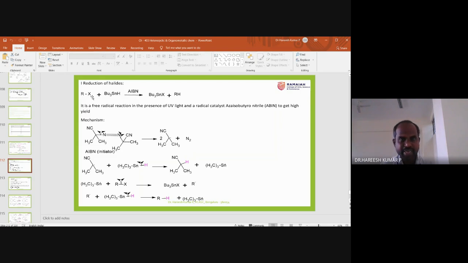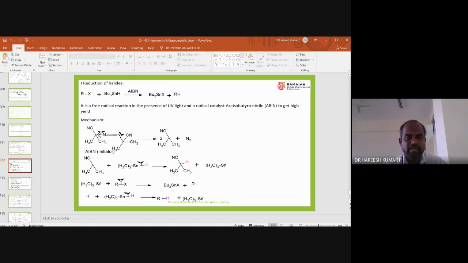So what will happen here? This is the reaction: an alkyl halide or aryl halide is converted into hydrocarbon. Looking into the mechanism, AIBN will break. How will it break? I think you are aware of homolytic cleavage. Homolytic cleavage means the nitrogen takes its electron and this carbon takes its electron.